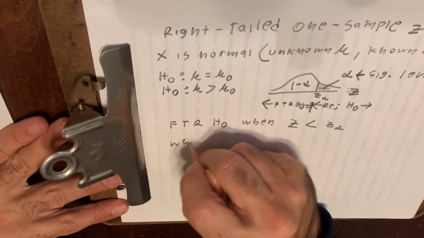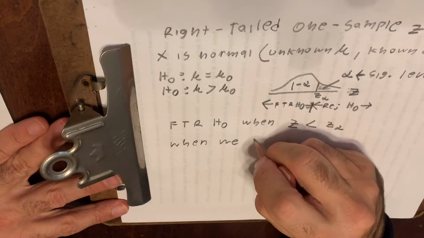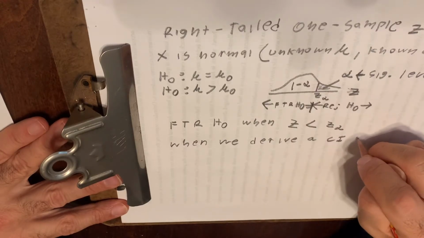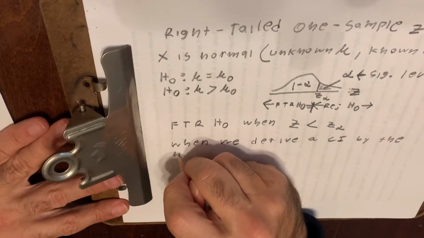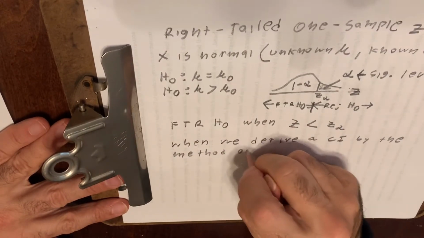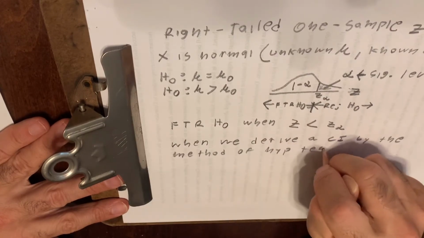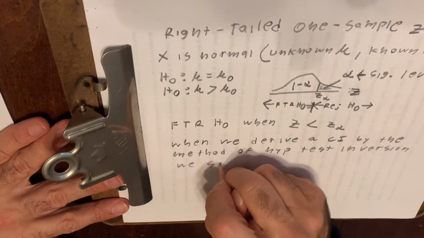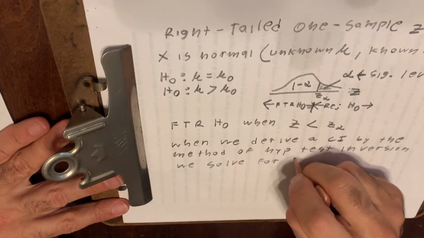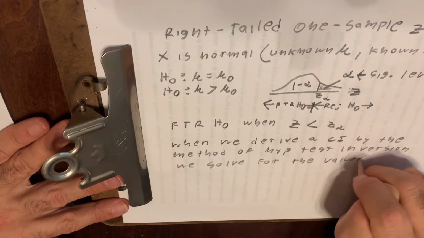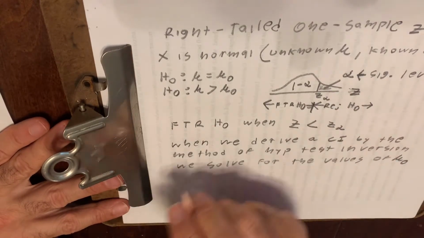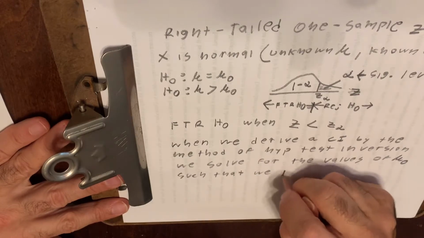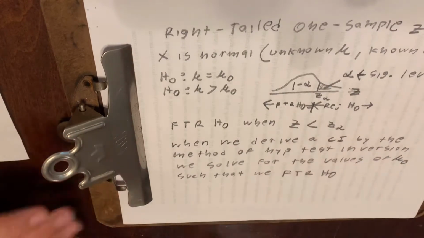So when we derive a confidence interval by the method of hypothesis test inversion, we solve for the values of the hypothesized mean such that we fail to reject the null hypothesis.